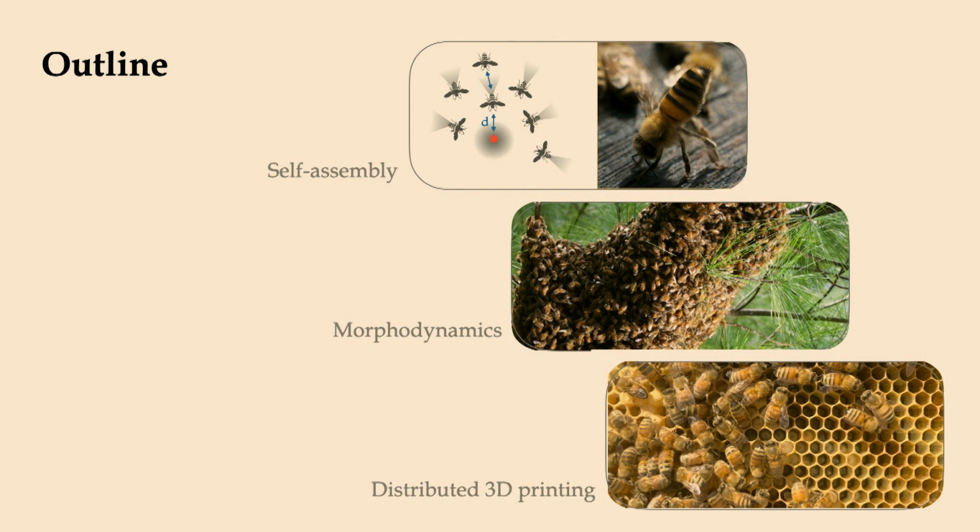And then I'm going to switch from materials made by bees, where the building blocks are the bees, to the manipulation by bees of inanimate materials like wax and how they create these honeycombs.